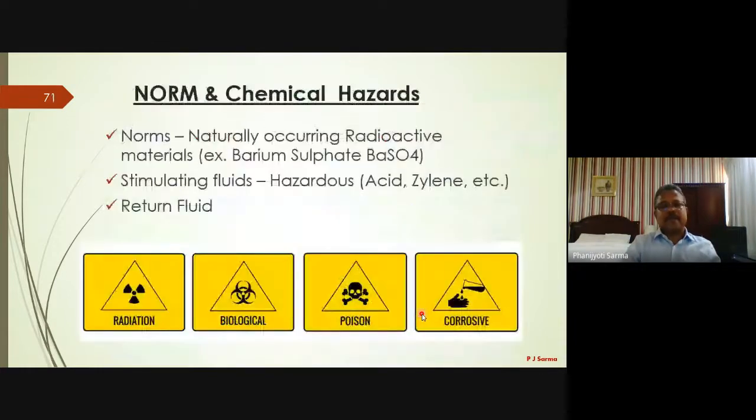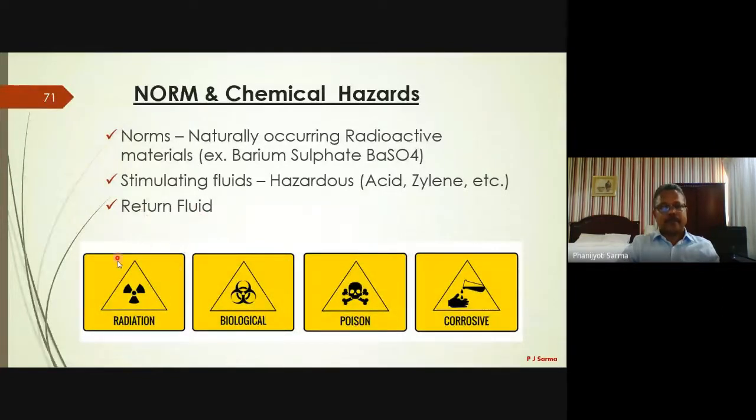NORMs: naturally occurring radioactive material, barium sulfate, for example. Then the stimulating fluid itself is a hazardous acid, xylene, as well as the return fluid.